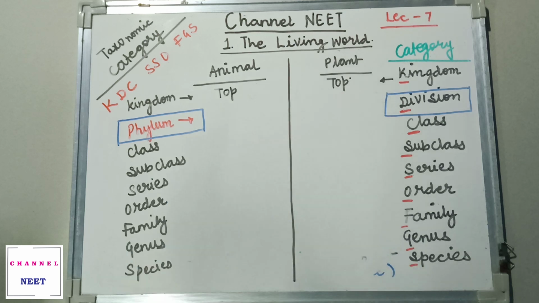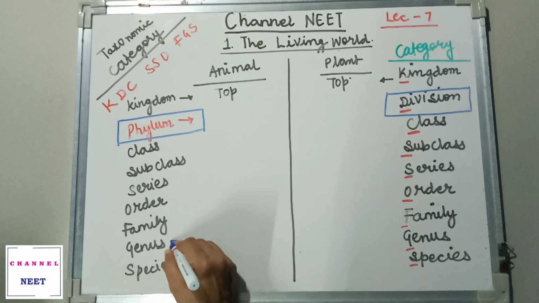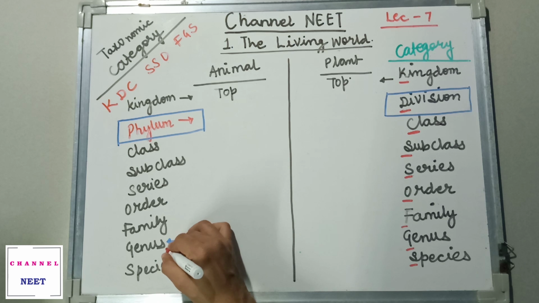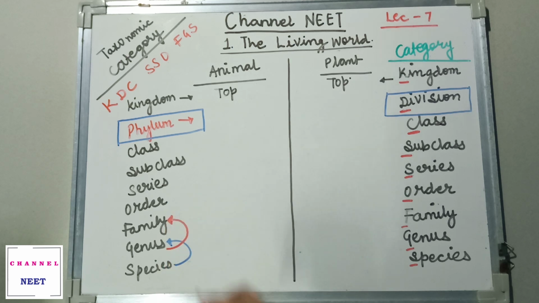As you already know, this is a graded pattern, so it is from top to bottom. We need to understand each and every aspect. Species are grouped together to form a genus. Genera are grouped with similar characteristics to form families.